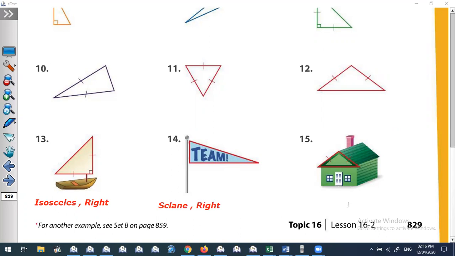Scalene and right. The next one, number 15. Here we have two sides equal in length, so it will be isosceles. What about the other type? We don't have a square corner and we don't have an angle more than right, so it will be acute.